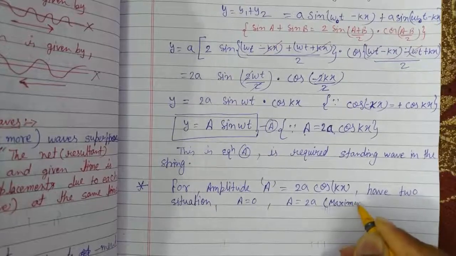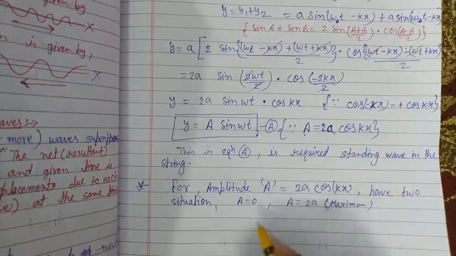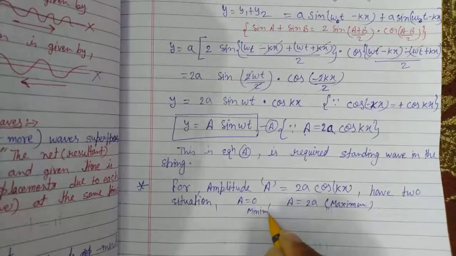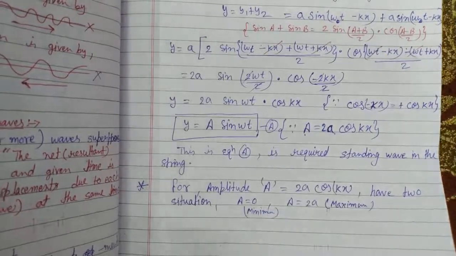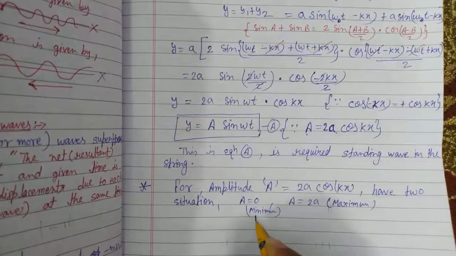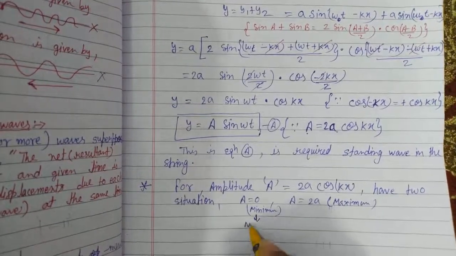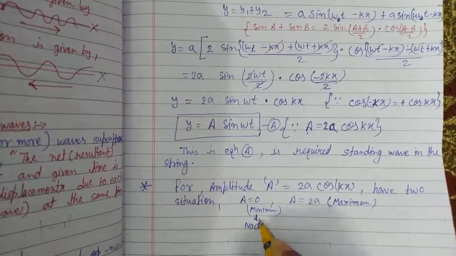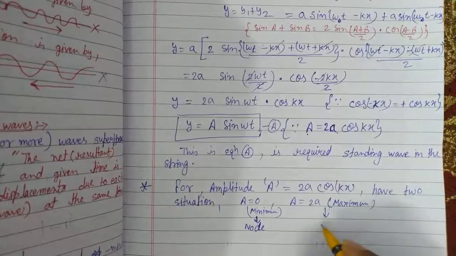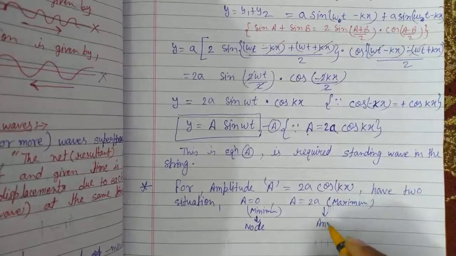This is the maximum and this is the minimum. For the minimum we call it the formation of a node, and for the maximum we call it the formation of an antinode.